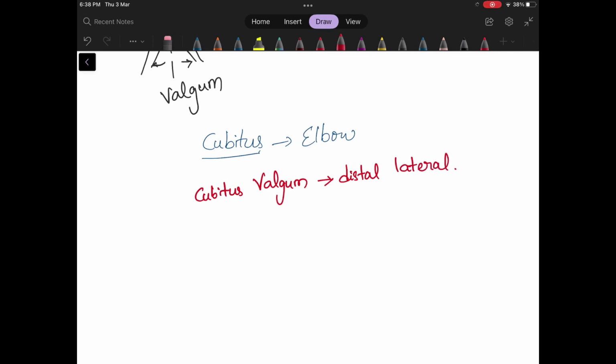The angle that we are talking about here becomes the carrying angle. The carrying angle topic, cubitus valgum and cubitus varum, is important for first year people who are studying anatomy.